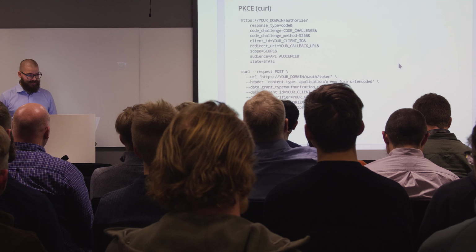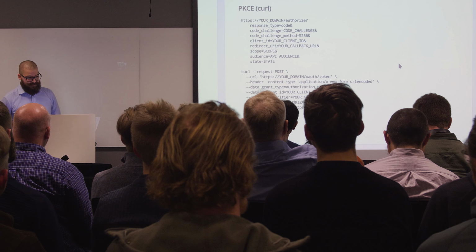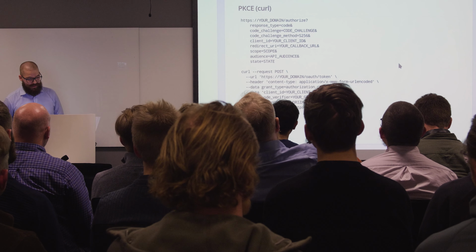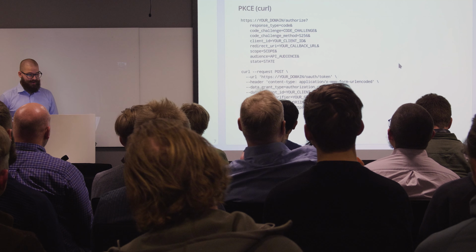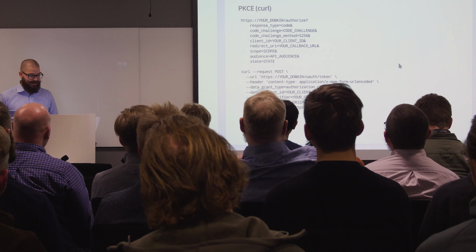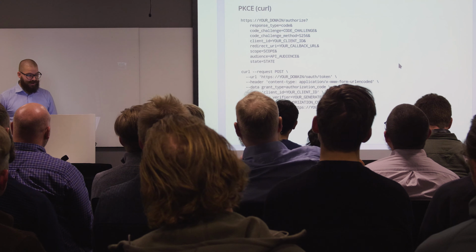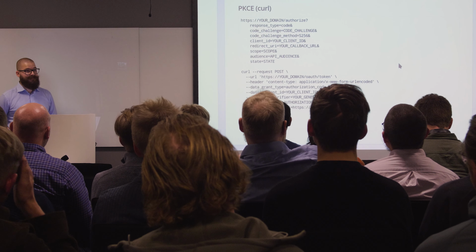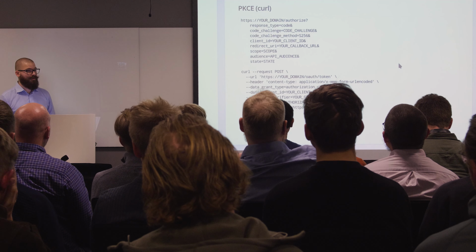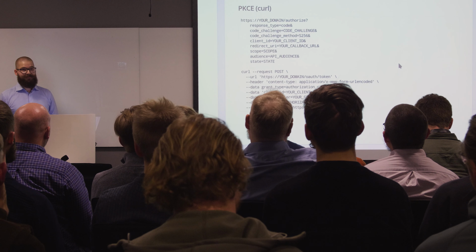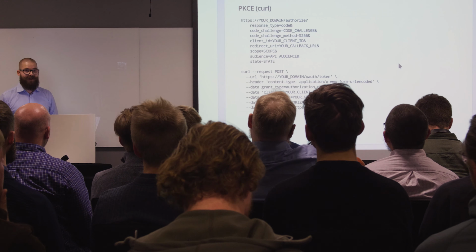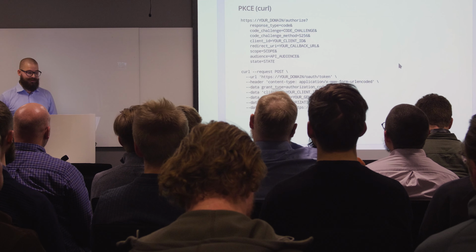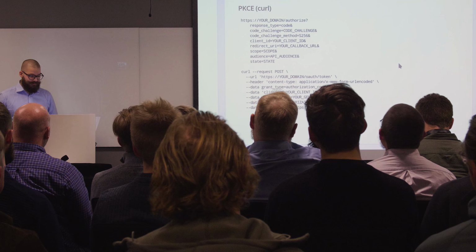And in this case, instead of just using code, you're adding two additional parameters: code challenge and a code challenge method. And in this way, if your authorization server has support for it, you now don't have to actually have a secret when you extract the tokens in the later stage.